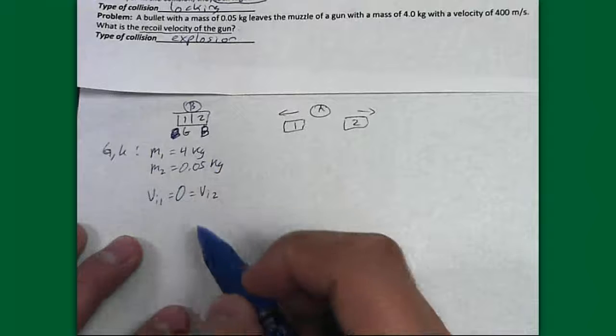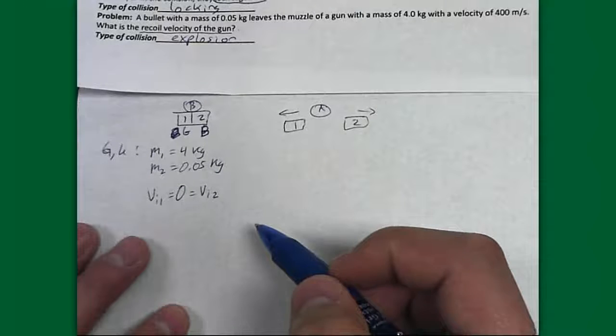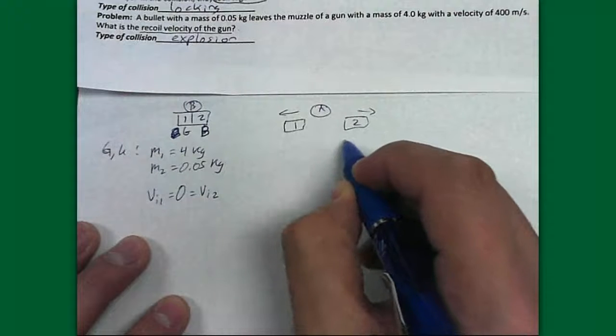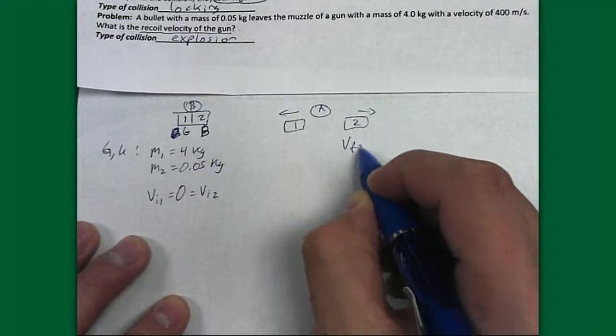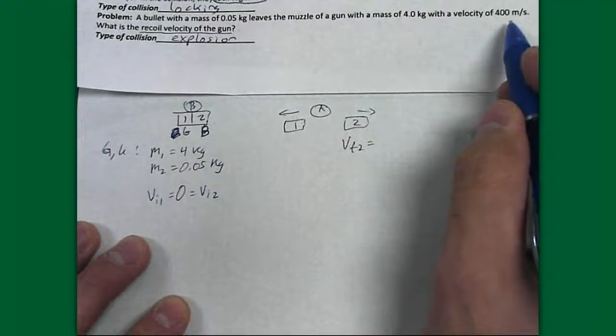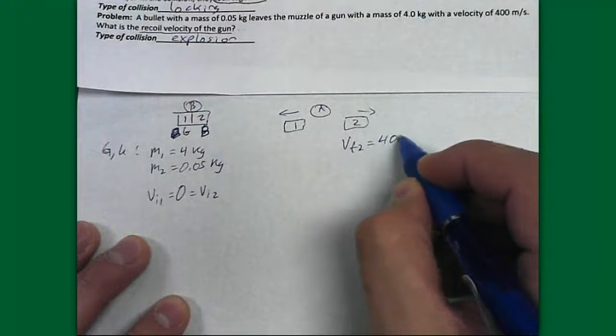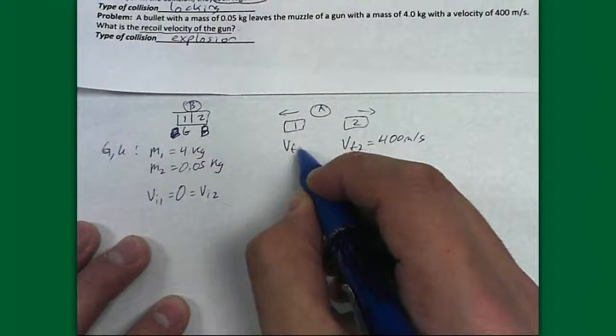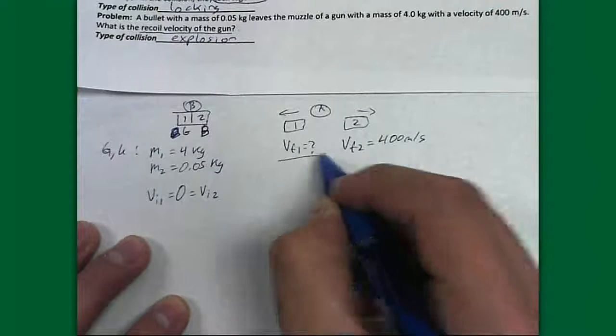It's pretty simple, but it helps to write it down. After the collision, they tell me that the final velocity of object 2, the bullet, is 400 meters per second. And they want to know what the final velocity of object number 1 is.